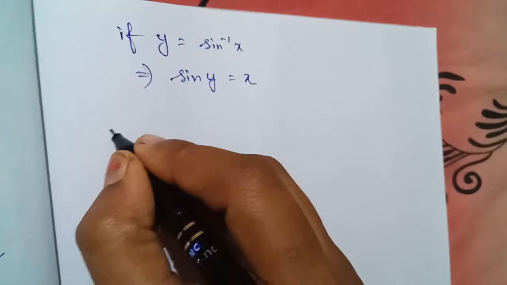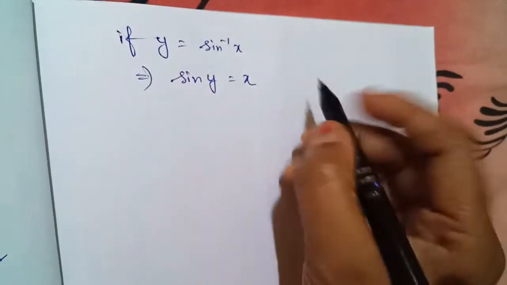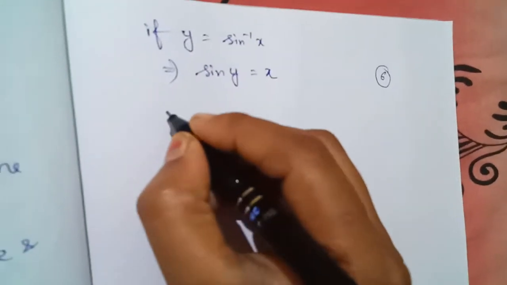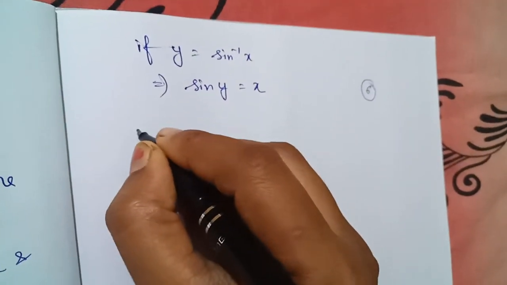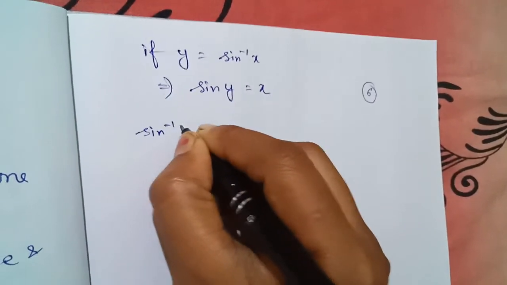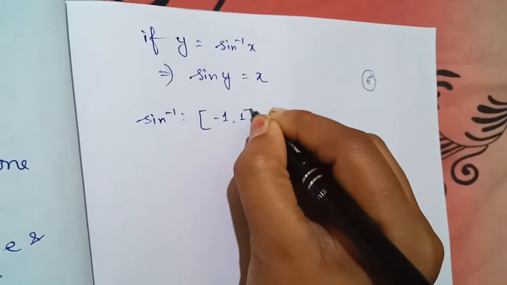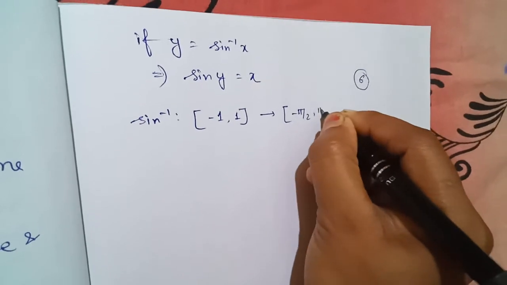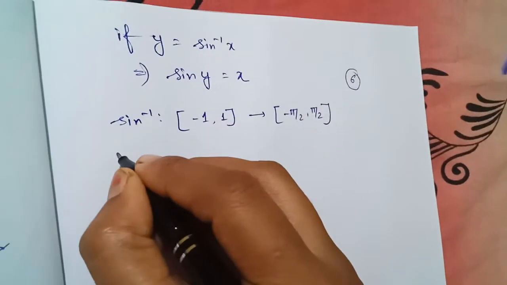Now, I can construct a table for principal value branches for all 6 inverse trigonometric functions. So, sine inverse, properly I am writing here, and its principal value branch is minus pi by 2 comma pi by 2.